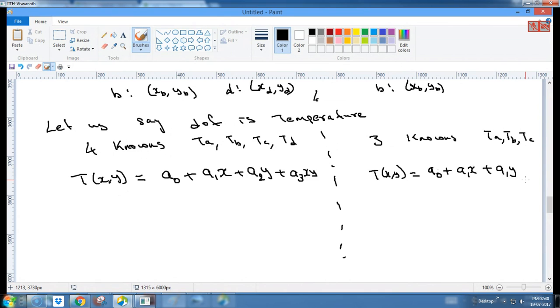Now again, I will ask you at this point, why have I written this form? Why not write the same thing, T of X comma Y, as A0 X to the power of 7 plus A1 X to the power of 15 Y to the power of 10 plus A2 Y to the power of 25 plus A3 X?